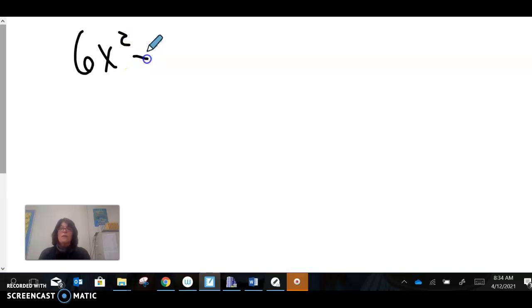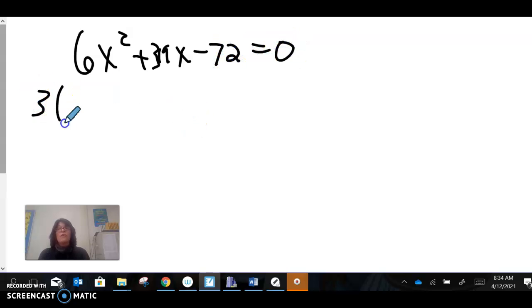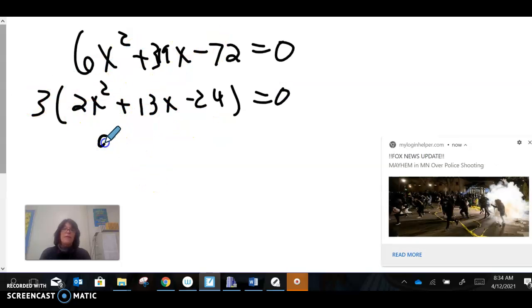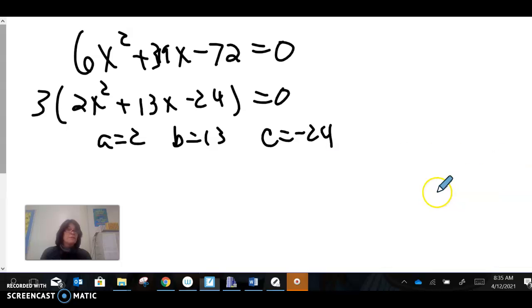What was it? 6x squared plus 39x minus 72 equals 0. Maybe somebody saw that, oh, you can take a 3 out. Okay, and they took the 3 out, but now their new values are a equals 2, b equals 13, c equals -24.